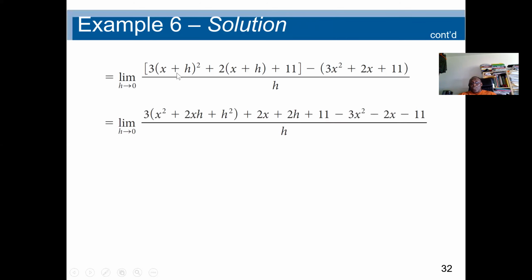So we simplify it, perfect square, we get x squared plus 2xh plus h squared, and we multiply by 3, plus 2x plus 2h plus 1, minus 3x squared minus 2x minus 1, so this is negative, so all the signs will change. Now from here we can see if we can cancel something and combine, etc. So when we do everything, we get 6xh plus 3h squared plus 2h over h.